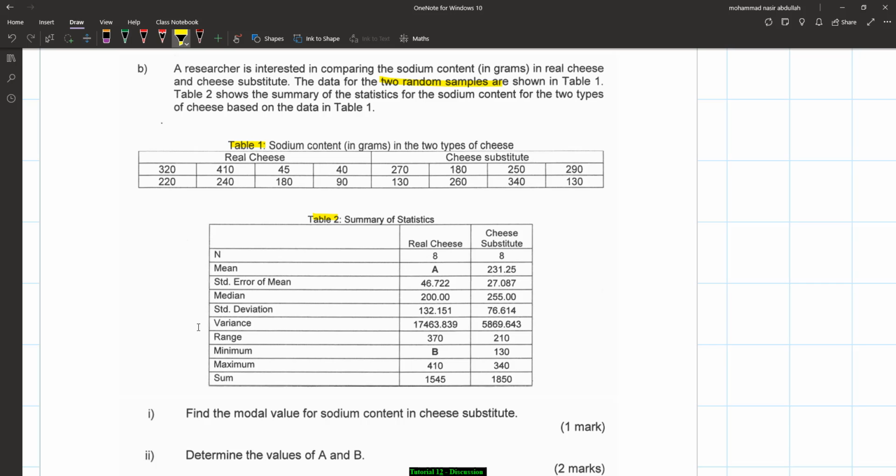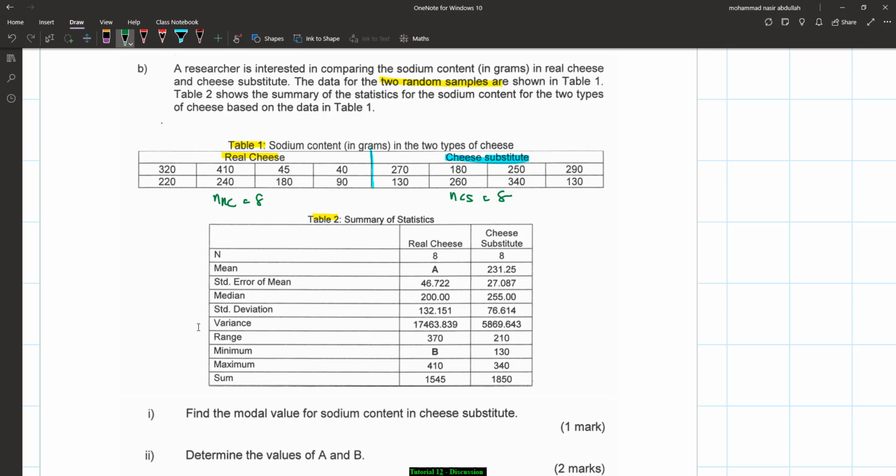This is real cheese and this is cheese substitute. We have 8 data, so N for real cheese is 8 and for cheese substitute is 8.